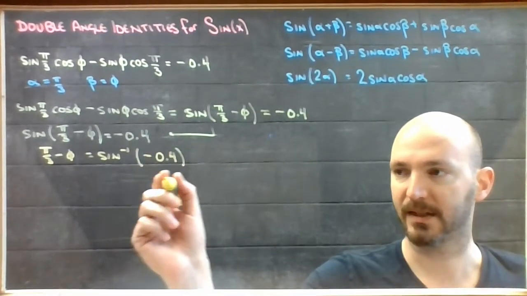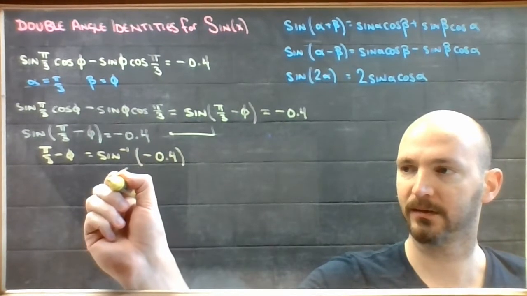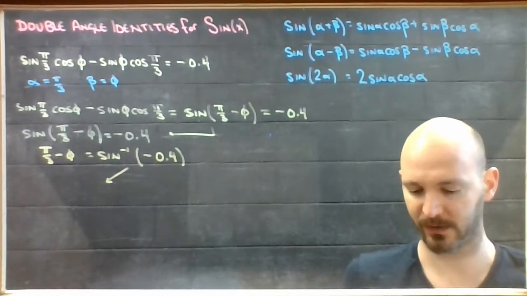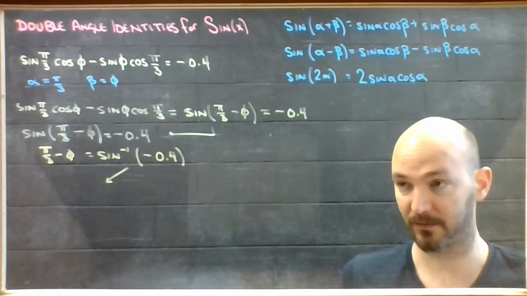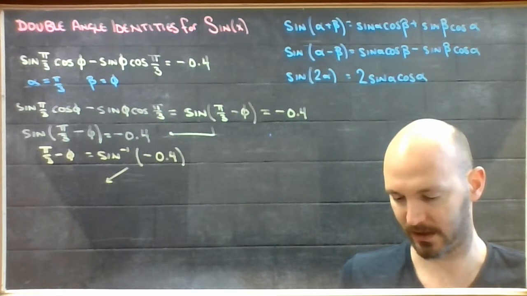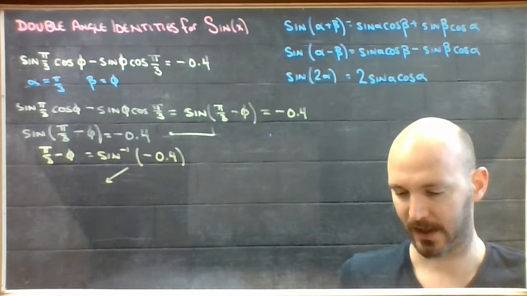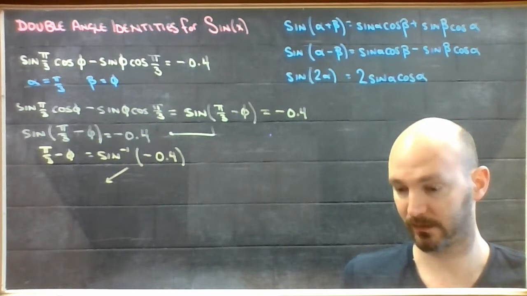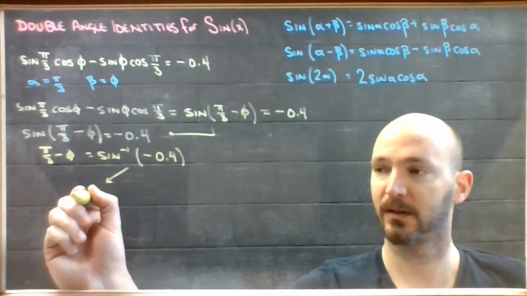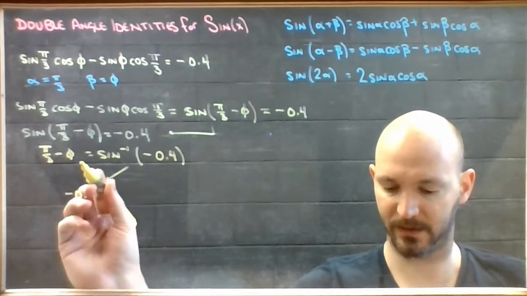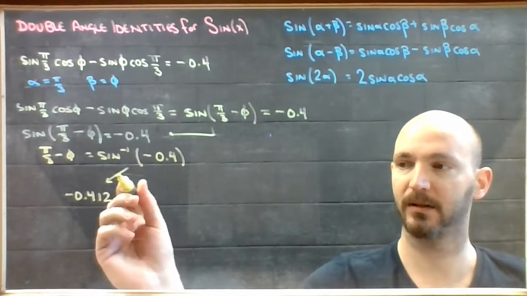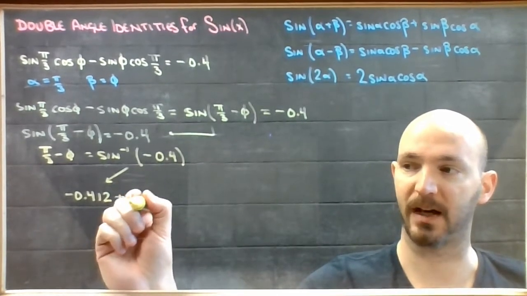So if I plug this into the calculator, I'm checking, 0.4 is not one of my special triangle ratios. So I'm going to turn this thing on, make sure she's in radians. Arc sine of negative 0.4 gives me negative 0.412 radians plus 2 pi n.